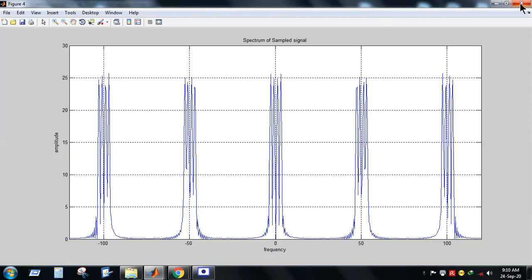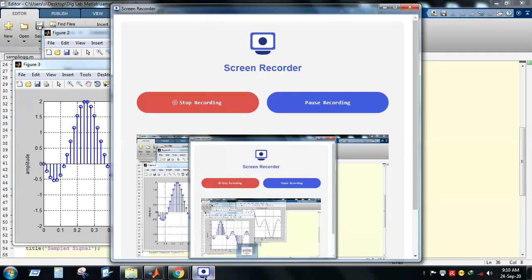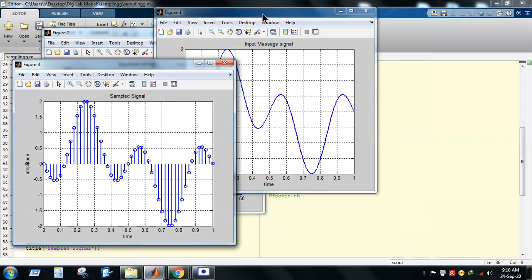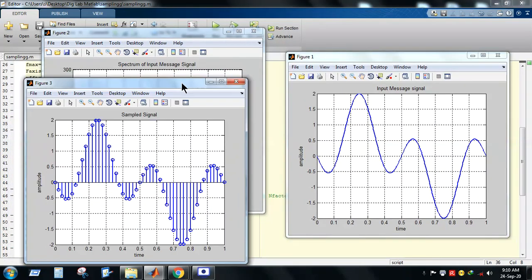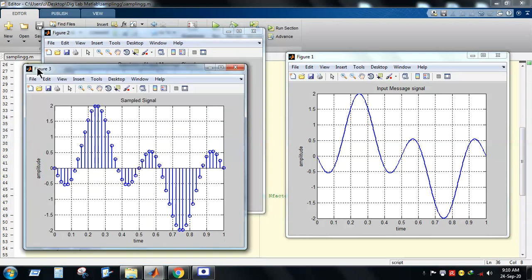That is your home task, and in the next lab we will observe the reconstruction of the sampled signal. I hope this simulation using MATLAB will help clear your confusion regarding the sampling theorem. Okay, thanks a lot.